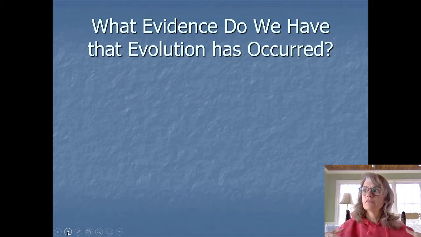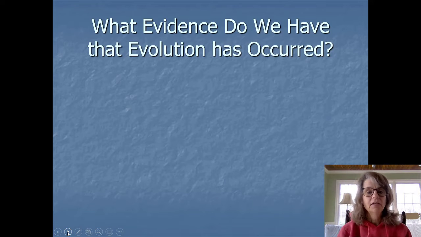So we have been talking about what Darwin said about his idea of evolution and how that evolution could have occurred by natural selection. But what evidence do we have that evolution has actually occurred?